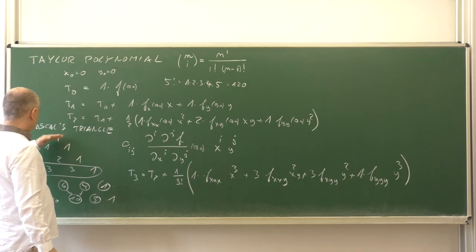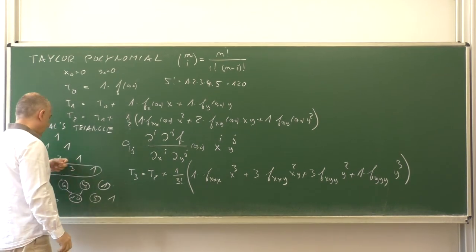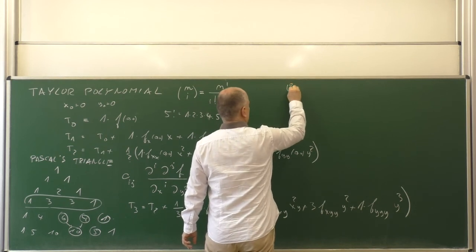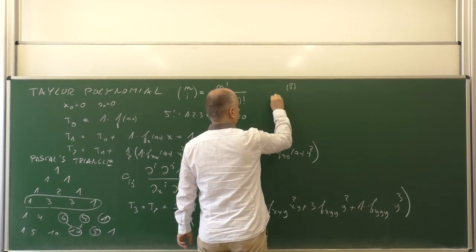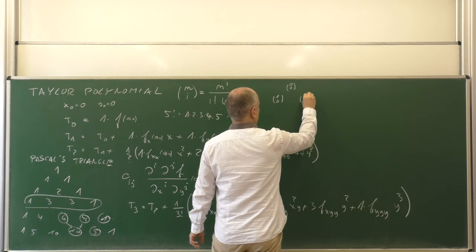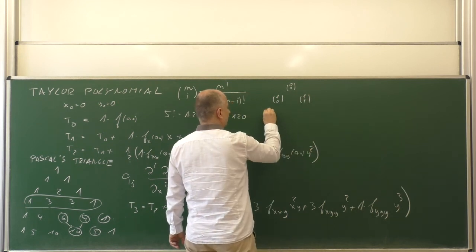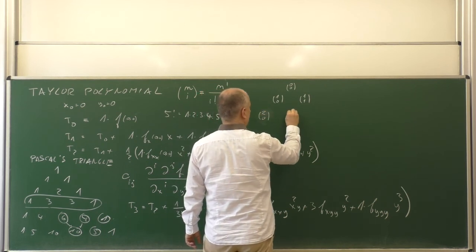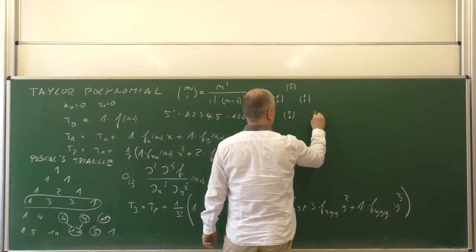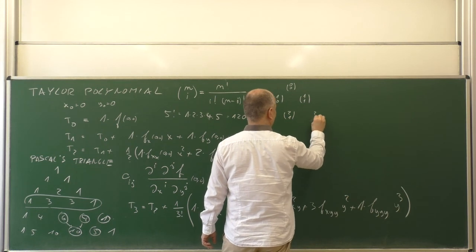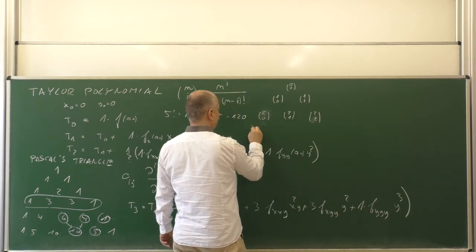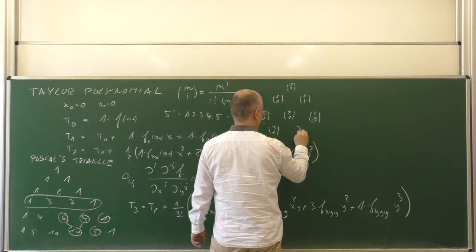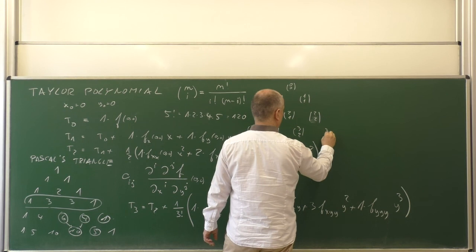And the Pascal triangle, as written here, can be written in this way: 0 above 0, 1 above 0, 1 above 1, 2 above 0, 2 above 1, 2 above 2, then 3 above 0, 3 above 1, 3 above 2, 3 above 3.